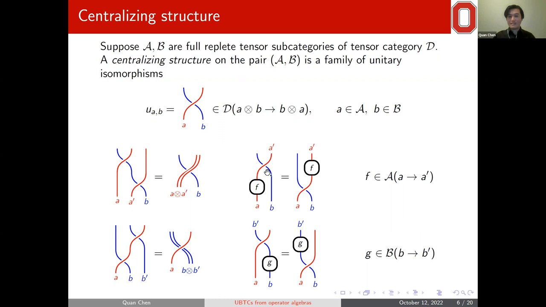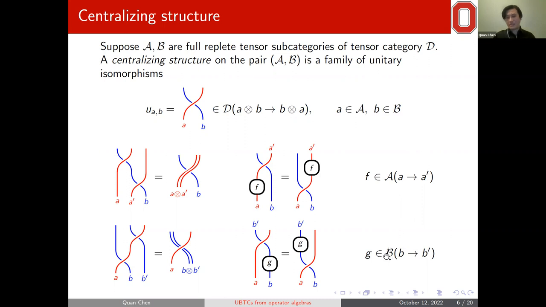Here, though I'm saying f is from A to A prime in A, since A is a full replete tensor subcategory, you can really replace it by D. So it's still fine.